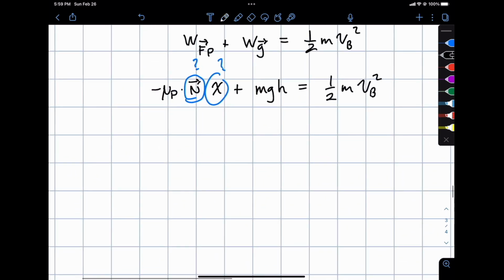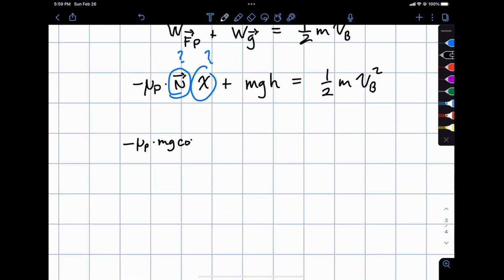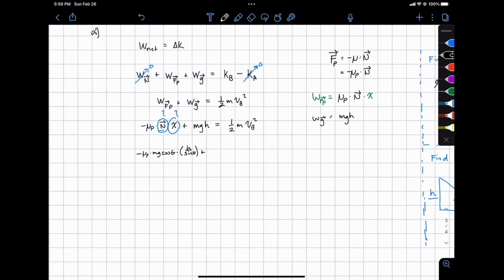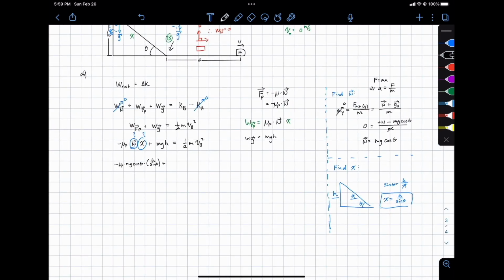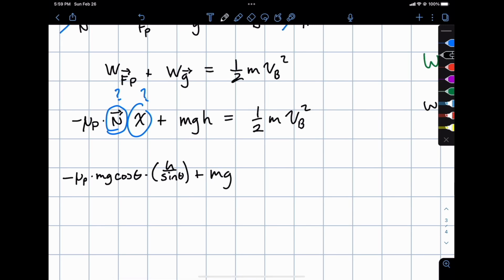So we can simply plug it back in here. So mu p times the normal force, which is what? mg cosine theta, times x, plus mgh equals 1/2 mvb squared.